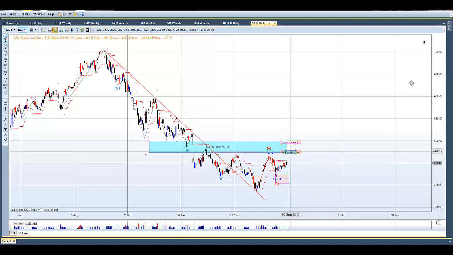So that 470 level should be a decent area of resistance if it gets up there. If it can break through that, then we should see this typical wave C, that $500 level. Again, if it fails, we know the danger is the price could get cut in half. All right, so we'll leave it there.